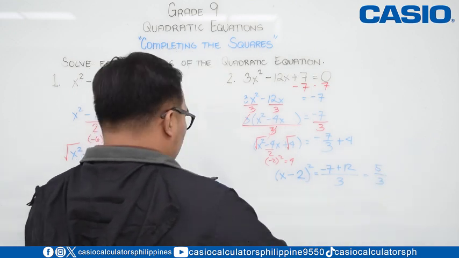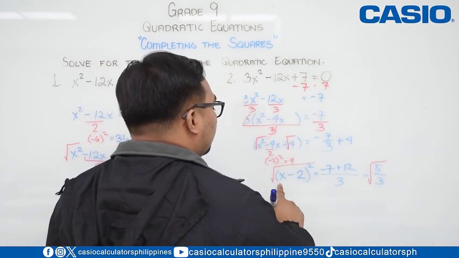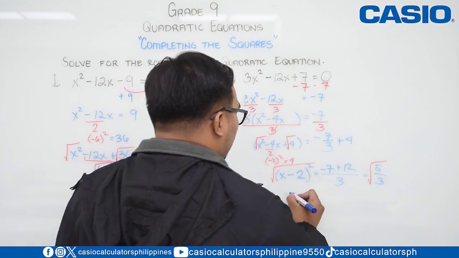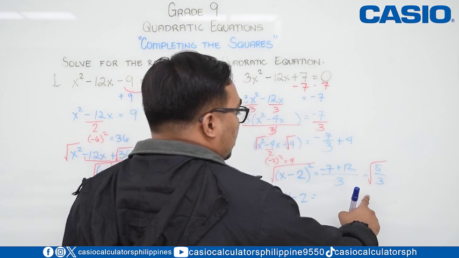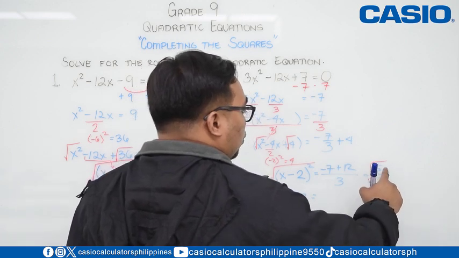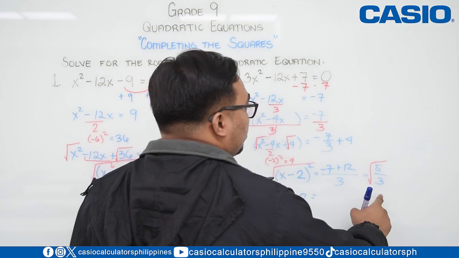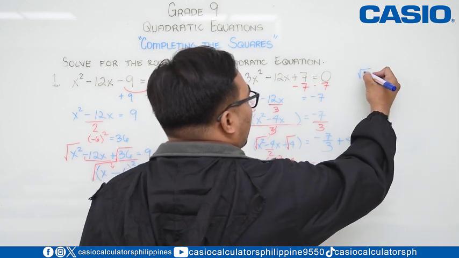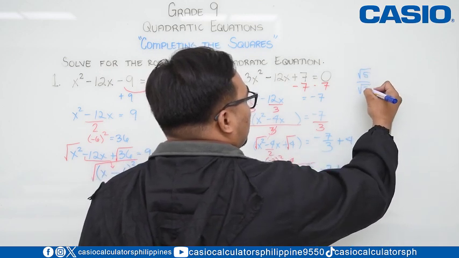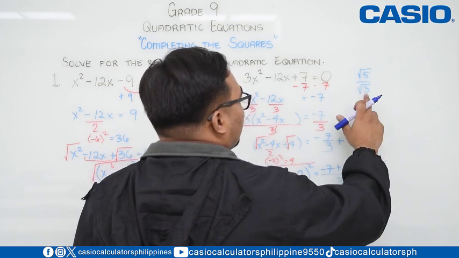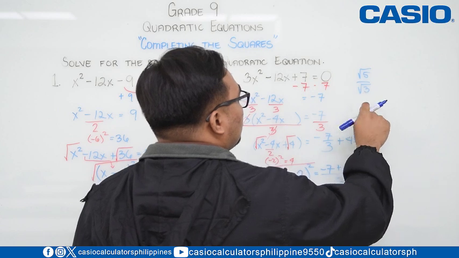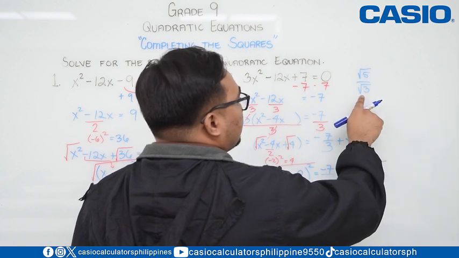And what we need to do is extract the root. The root of x minus 2 squared is x minus 2. But take note, this is a radical expression of both numerator and denominator, so we need to perform rationalization. For us to rationalize, we need to remove the root sign of the denominator.